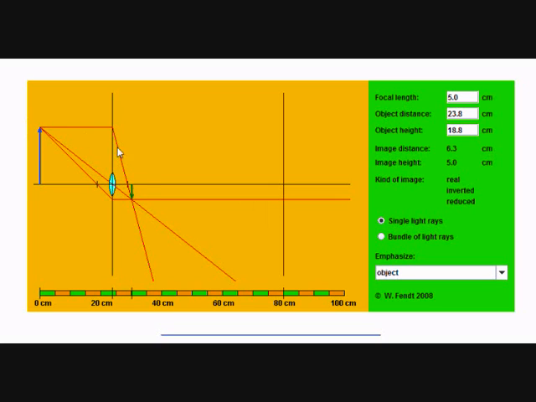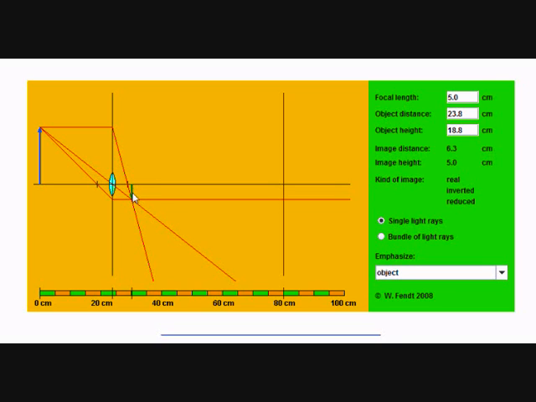The parallel ray goes through the focus, the principal focus, and a ray that's going through the principal focus on the object side of the lens emerges parallel from the lens, and where the intersection of those 3 take place, you get your image.